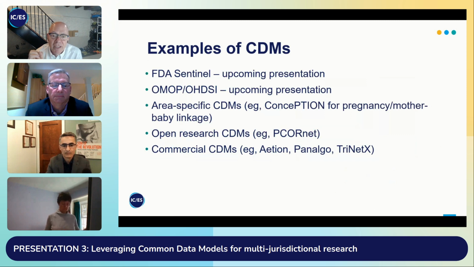So they've put a lot of effort into the specifics of those problems. PCORnet is an open research common data model, primarily in the US. And then there are a number of commercial common data models. Aetion, Panalgo, and TriNetX are all examples of commercial systems that overlay on the raw data to produce automated analyses in a way that's somewhat similar to the ones you're going to hear about later today.